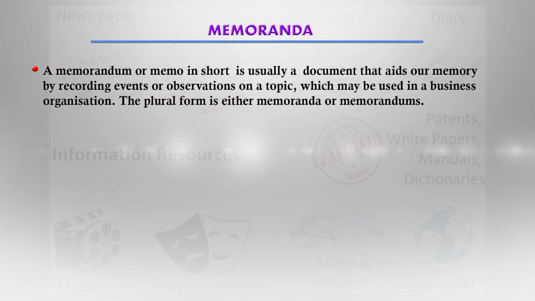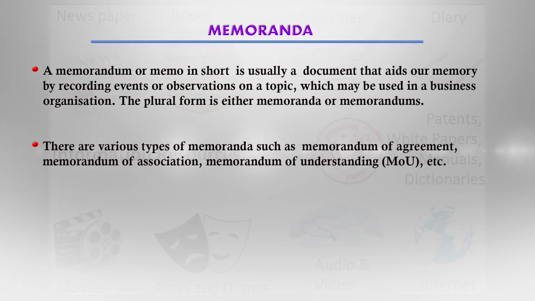Then comes the memoranda. A memorandum, or memo in short, is usually a document that aids our memory by recording events or observations on a topic, which may be used in a business organization. The plural form is either memoranda or memorandums. There are various types of memoranda, such as memorandum of agreement, meaning a mutual agreement between two parties or two companies.